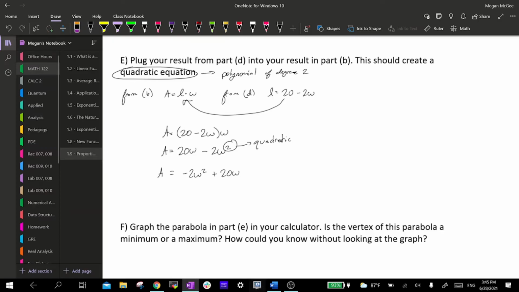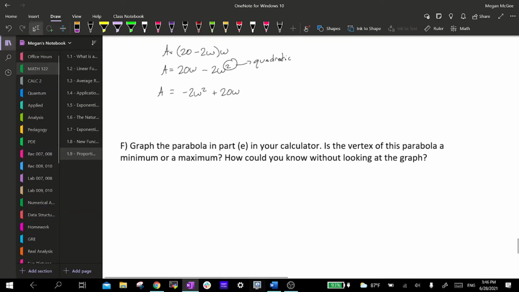Good. Now, part F asks us to graph the parabola. Remember, we determined quadratic formulas gave us a parabola. And then it asks us some things about the parabola. We'll get to that in a second. So, we're going to go ahead and graph.